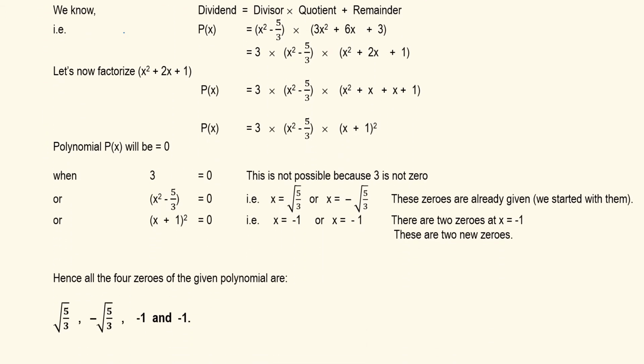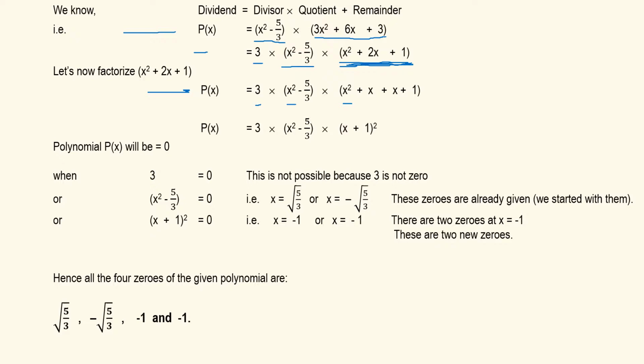So here we have now gotten px is equal to x square minus 5 by 3 into 3x square plus 6x plus 3. So we can further simplify by taking 3 common from the second factor. We get px is equal to 3 multiplied by x square minus 5 by 3 into x square plus 2x plus 1. Now if we start simplifying the last factor, that is x square plus 2x plus 1, we can further write px is equal to 3 into x square minus 5 by 3 into x square plus x plus 1.